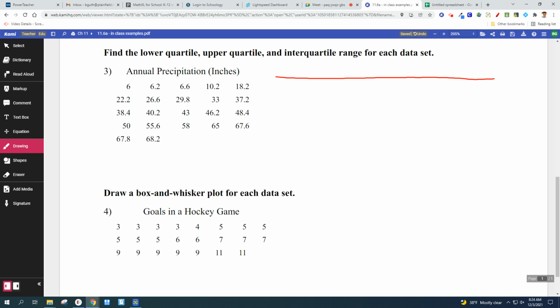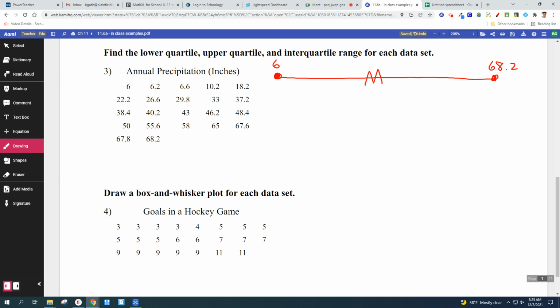If I laid them out in a line, I could find the median, and we know the median is just whatever number's in the middle. So the smallest number is 6, and the biggest number is 68.2. The median is whatever number is right in the middle, and it's hard to tell. You can figure that out, but I don't care about that just yet.